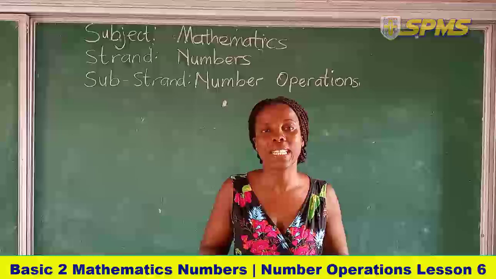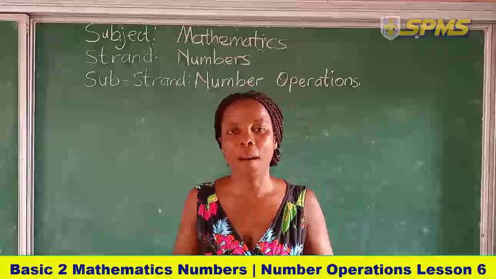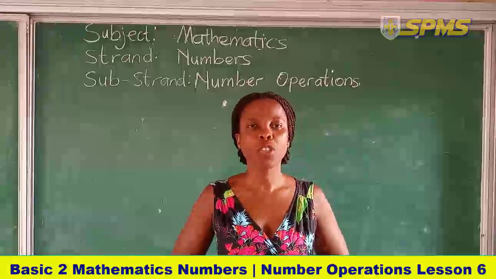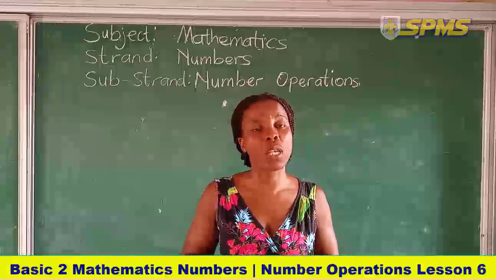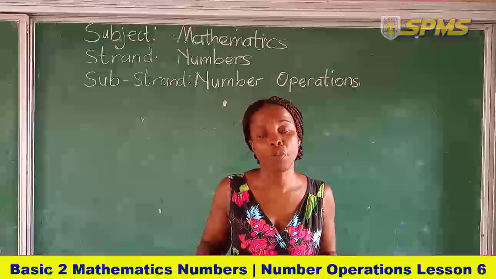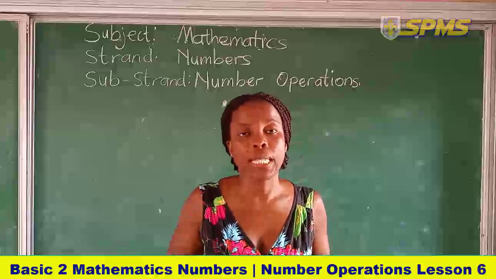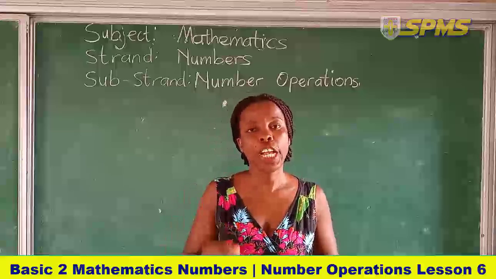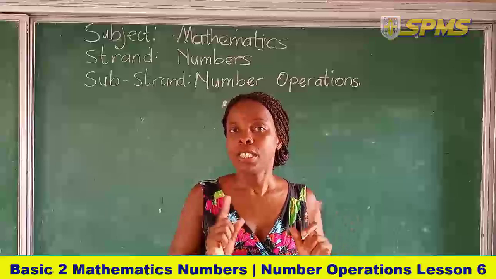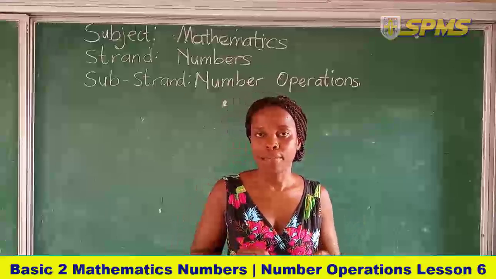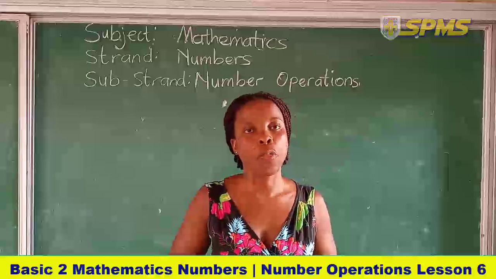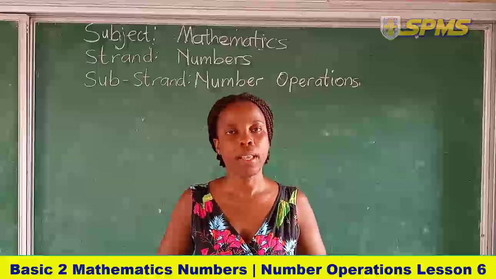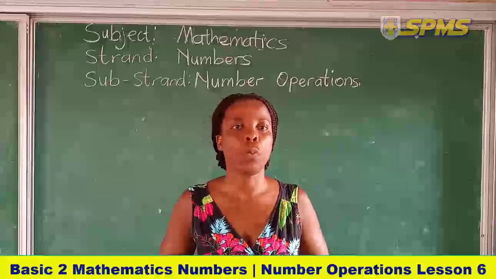We also changed the places of the addends to see whether we get the same numbers. And what did we get? We got the same numbers because in addition, when you change the addends, it does not affect the resulting factor or the sum. You will still get the same answer. Okay, let's move on with today's work.